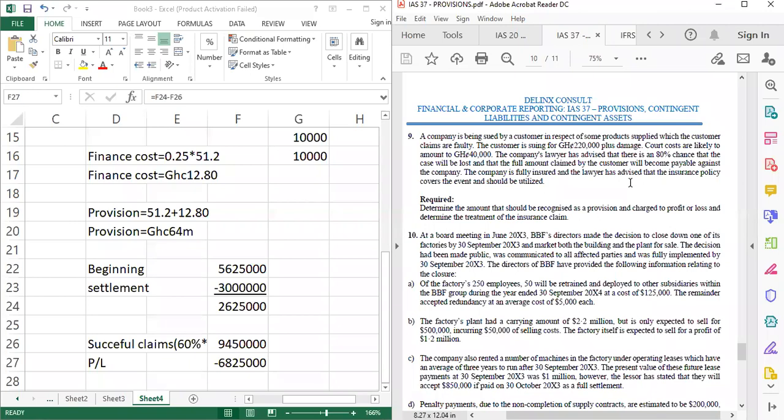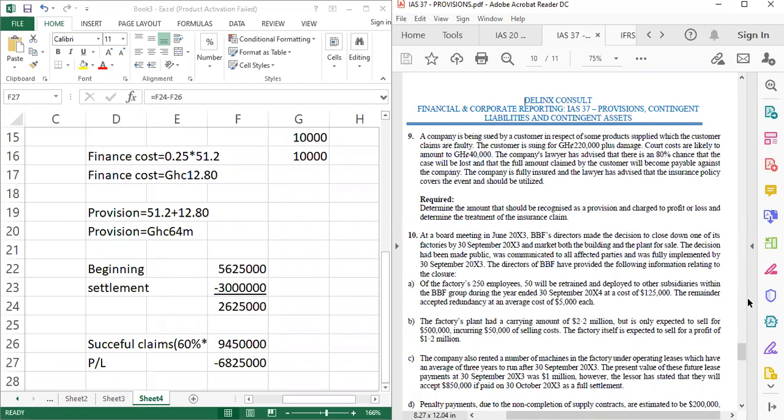Okay, required: determine the amount that should be recognized as a provision and charged to P or L, and determine the deferment of the insurance claim. Okay, so how much will be the provision? 220,000 plus 40,000.